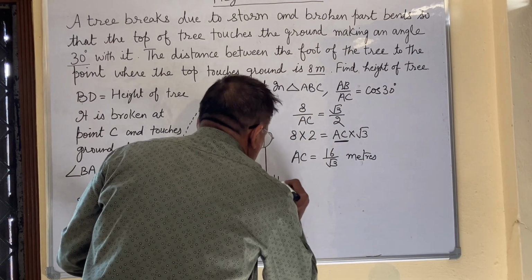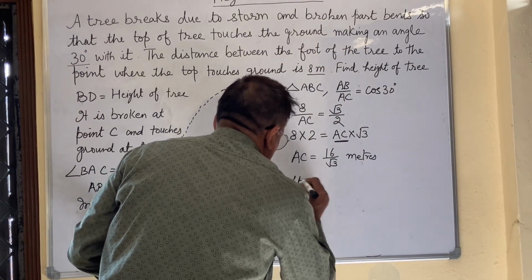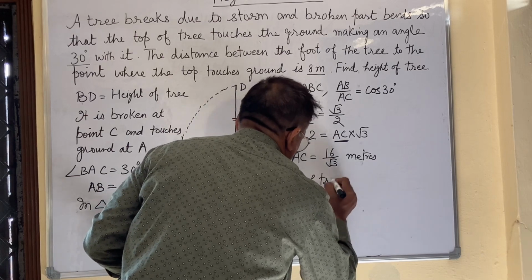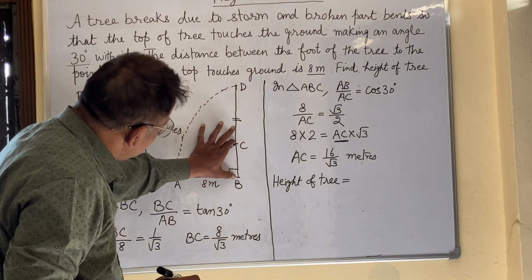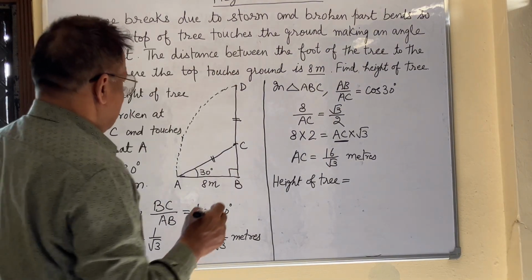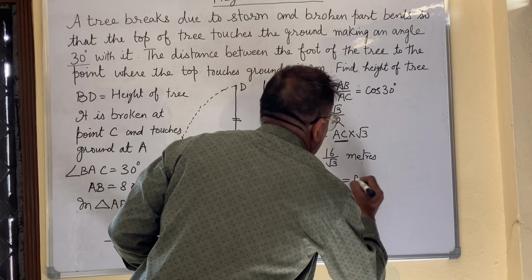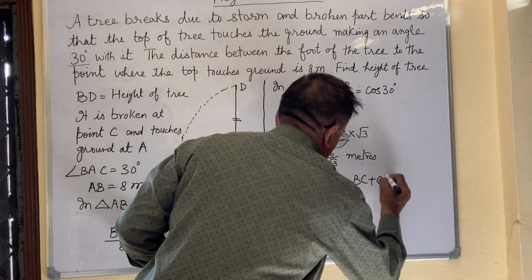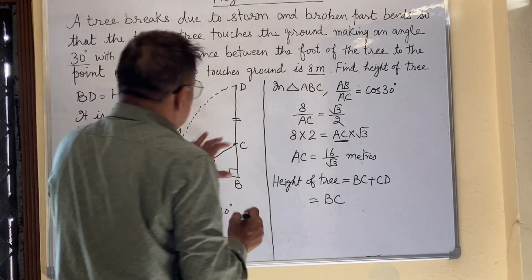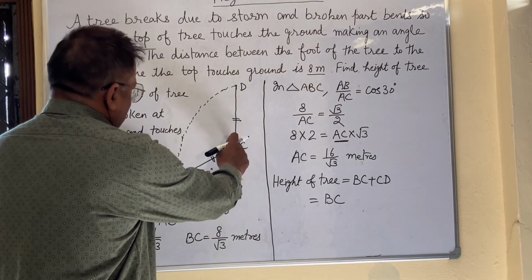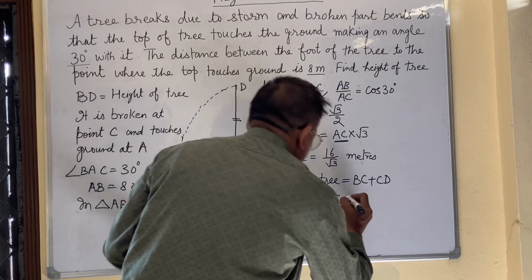What is the total height of the tree? Now be careful. Height of tree is BC plus CD. It is equal to BC plus AC because AC and CD are same.